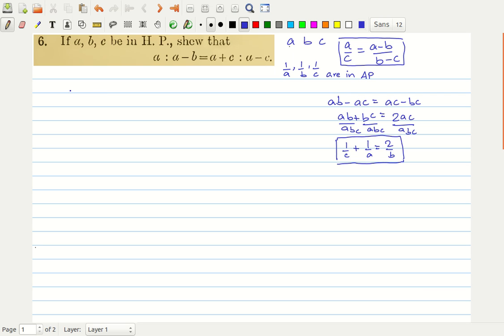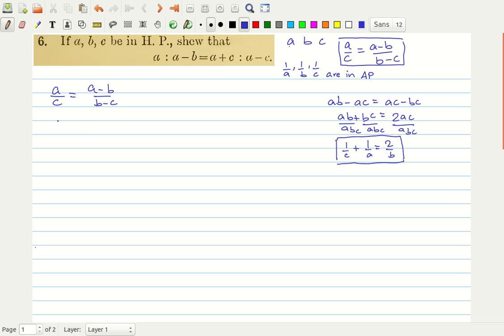So to solve this problem, we know that A is to C is equal to A minus B is to B minus C, because A, B, C are in harmonic progression.